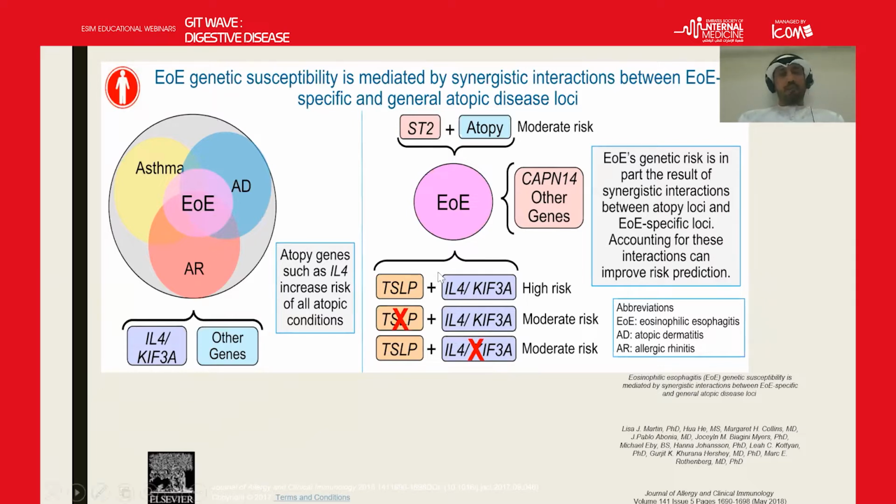They've identified the genes that increase the high risk of developing EOE. When you have the gene TSLP plus interleukin-4 and KIF3-4, this will lead to activation and to developing eosinophilic esophagitis.